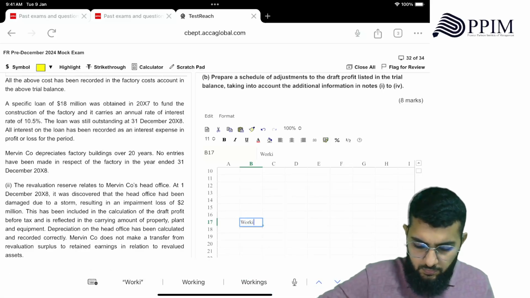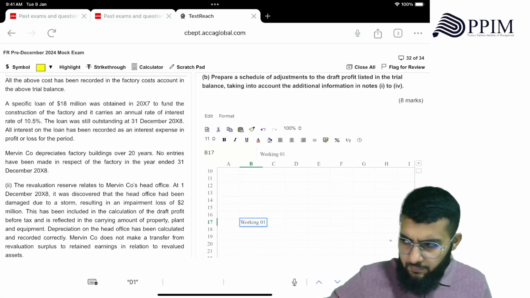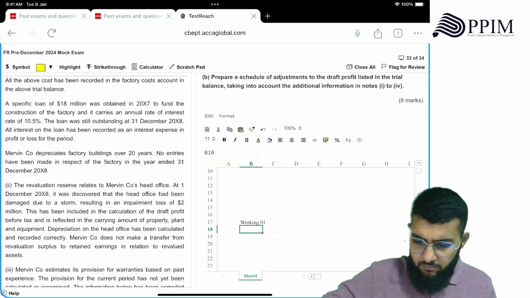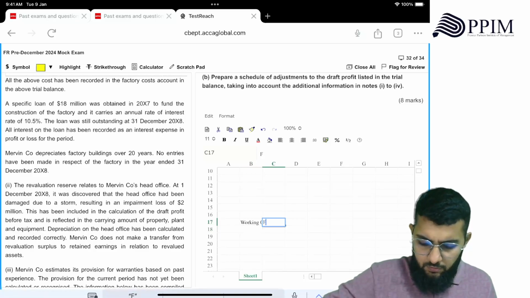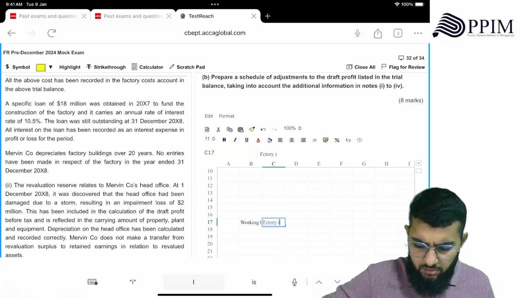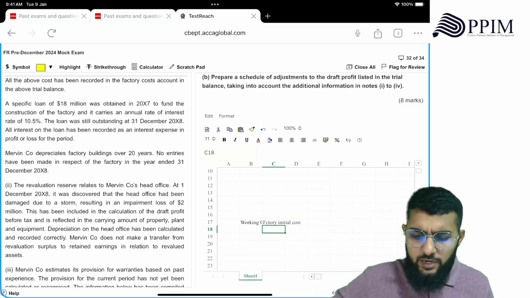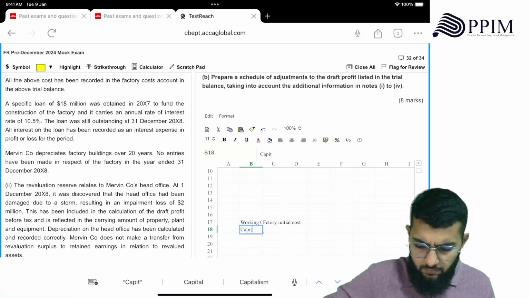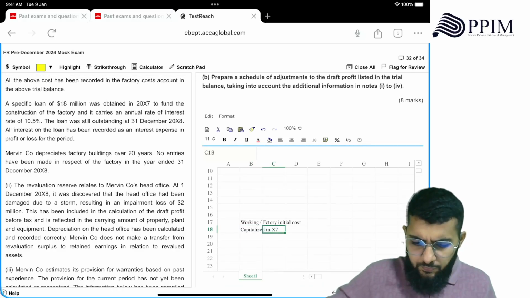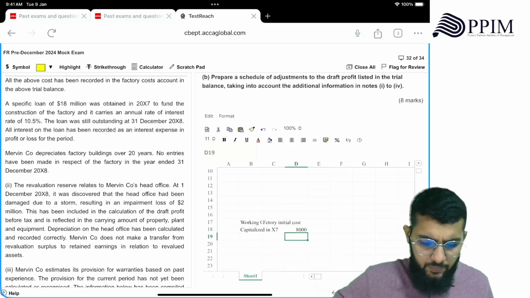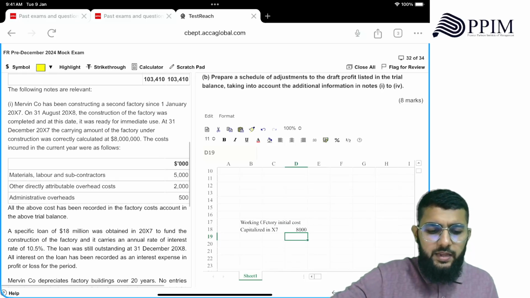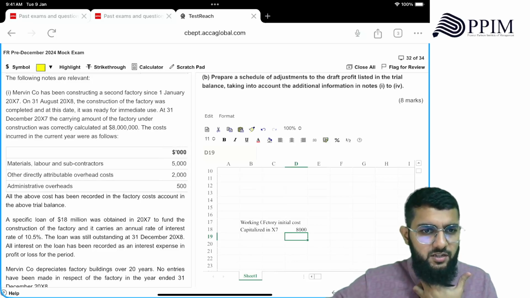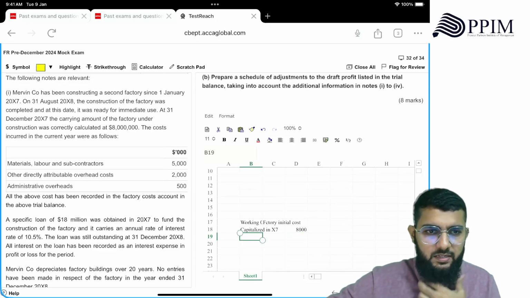Working one. Factory. Borrowing cost. Factory initial cost: what has been the capitalized cost in 20x7? 8 million. Then materials, labor, and subcontractors, that's direct attributable cost, which needs to be capitalized.